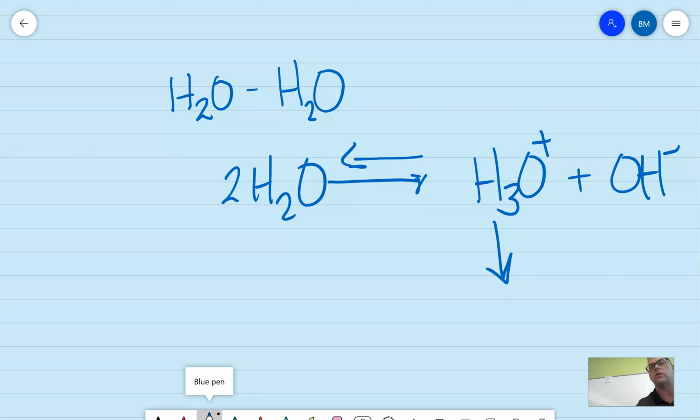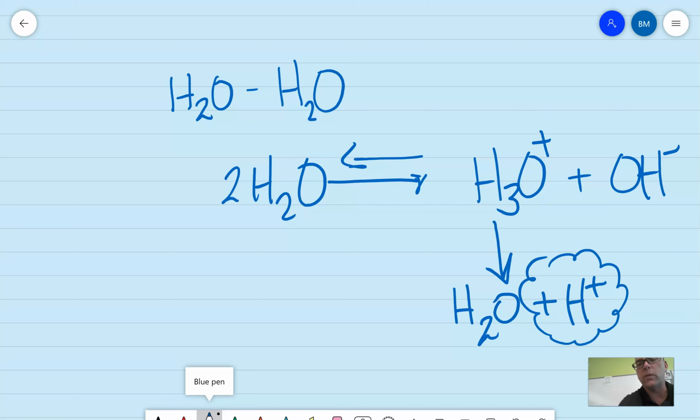This molecule right here, what will end up happening in many cases is we will see a hydrogen coming off of this. Okay, so when we think about the measure of something as being acidic, a lot of times we're talking about how much hydrogen is in that system, how much free and extra hydrogen is in there.